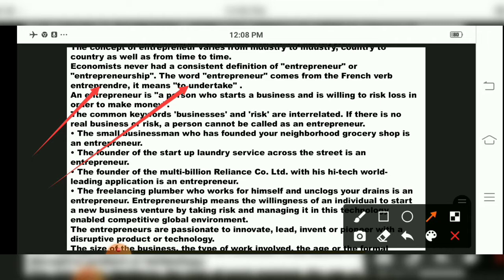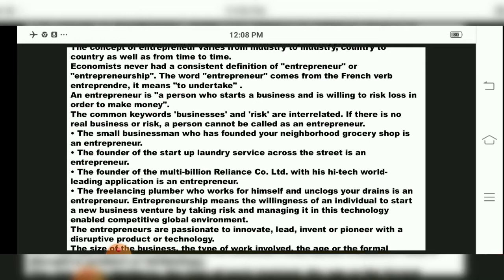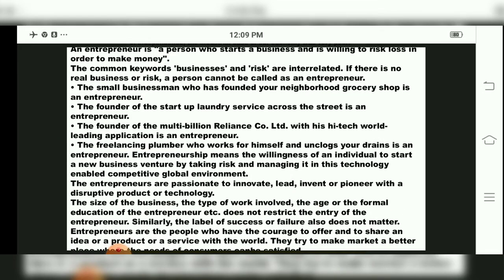So an entrepreneur is a person who takes risk, who willingly expands his business, who does hard work, who enters this global competitive world, children. So entrepreneur is a person who is passionate, who is innovative, who leads, invents, pioneers. Pioneer means what? Founder of a particular product or technology is called an entrepreneur. So whether success or failure is there doesn't matter.